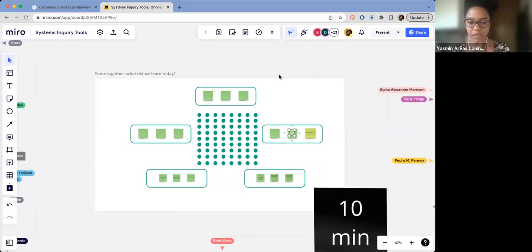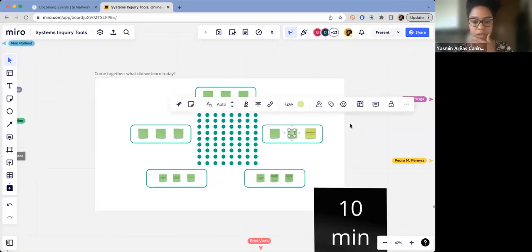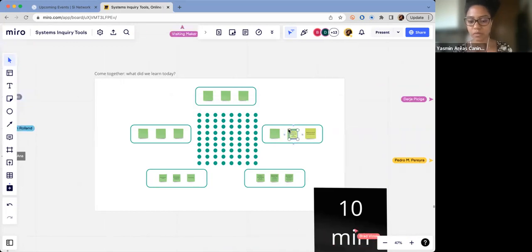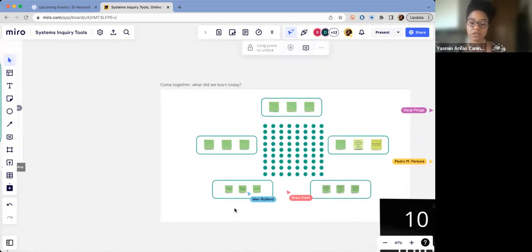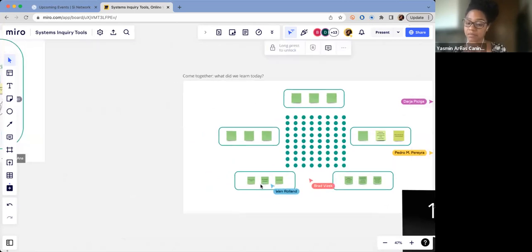Here I put the main highlights that you added in your breakout rooms, so we can have a moment to vote on the most interesting ideas, or the ideas that you didn't consider before but think are relevant, right?